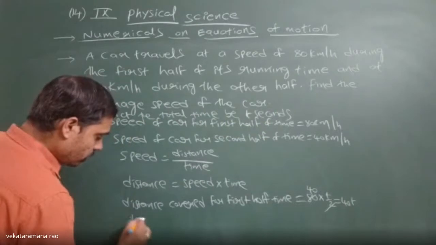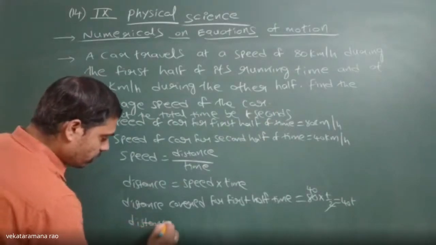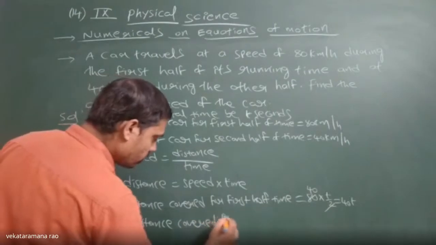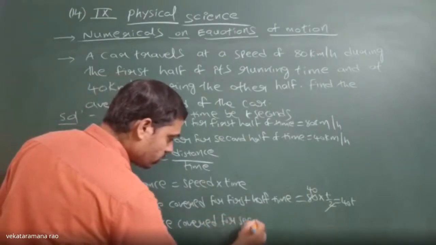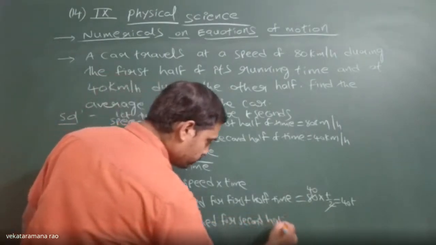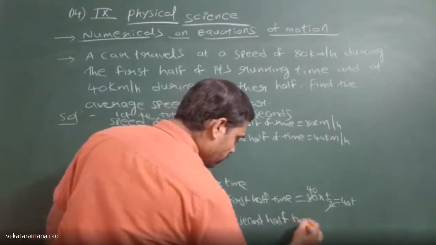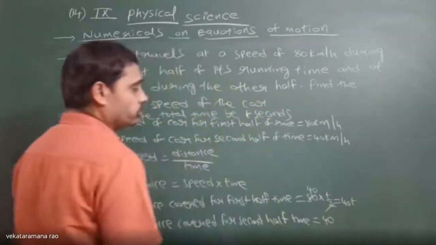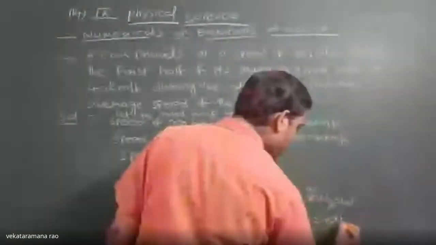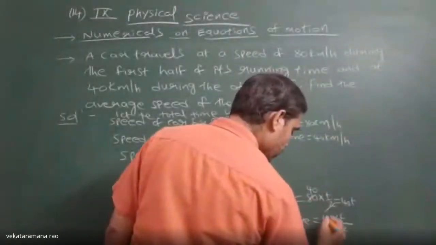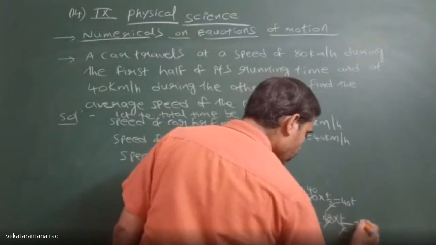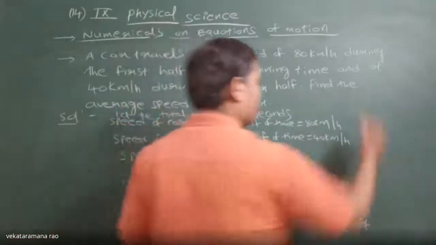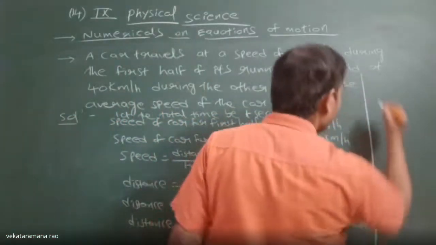Similarly, the distance covered for the second half time. Its speed is 40 into T by 2, that is 20 T. Now what you have to find? Average speed.